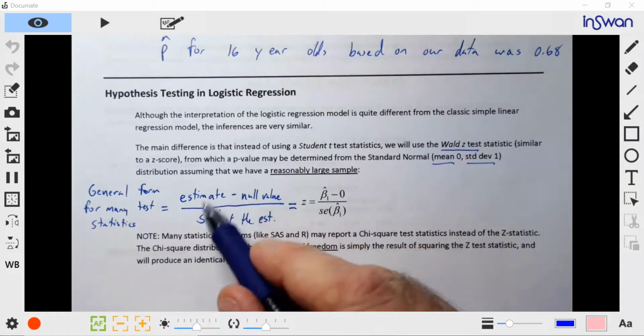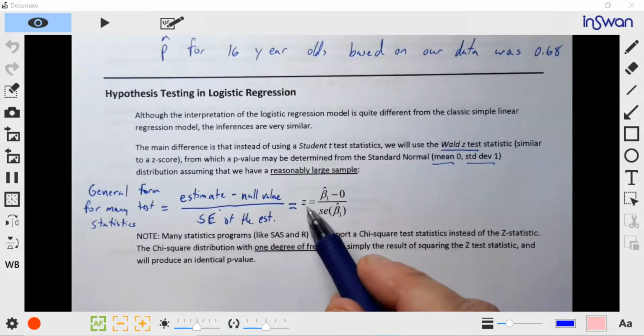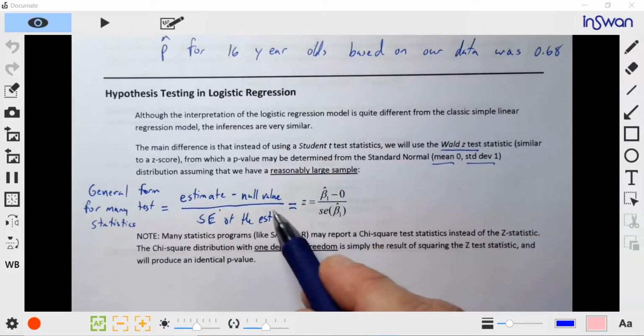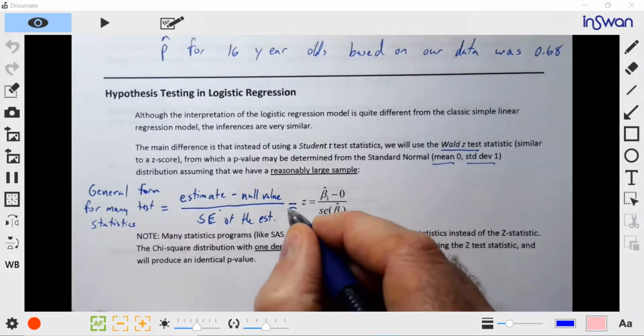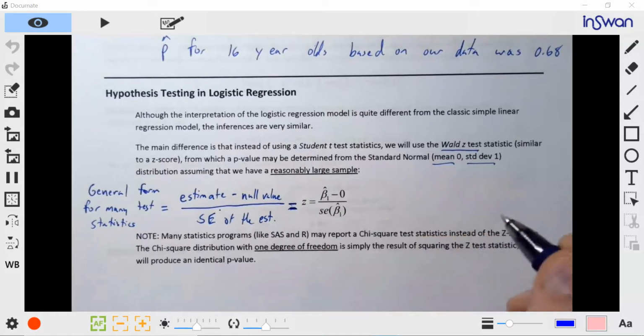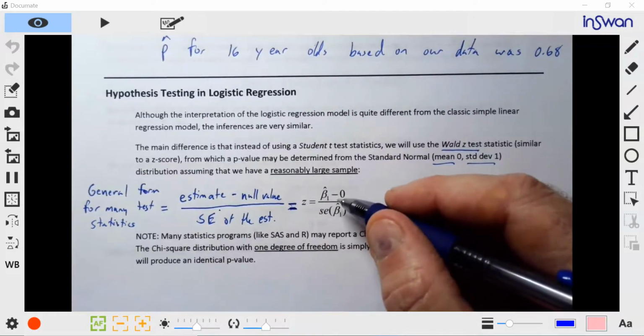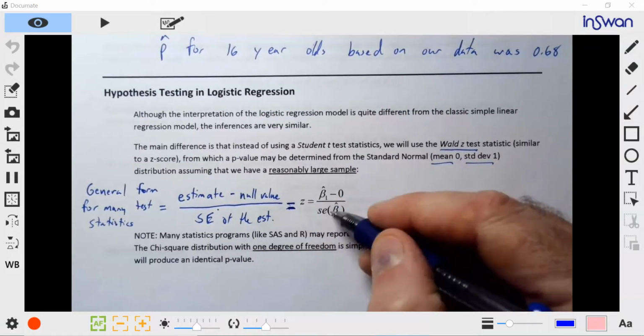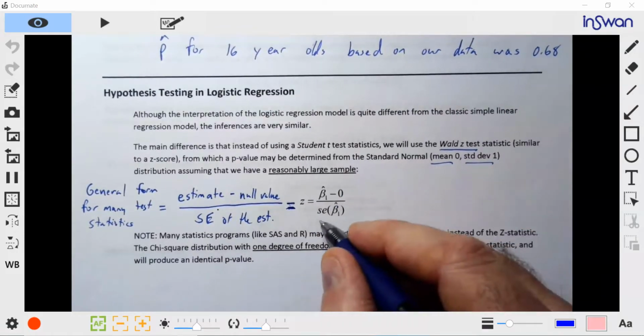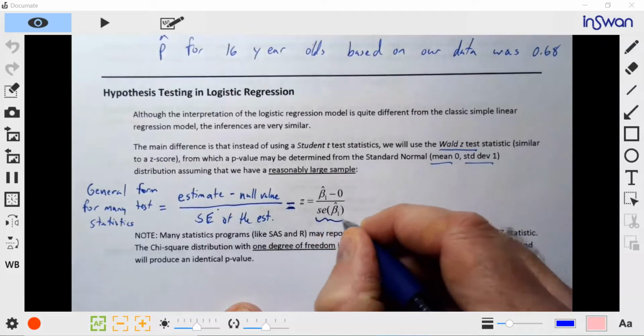But it turns out that for logistic regression, if the sample size is big enough, this calculation will follow a z distribution, a standard normal distribution, rather than a t distribution. But you see it's the same calculation that we saw before. Beta 1 hat minus 0, typically the null value, divided by its standard error. And again, this is a division, not a multiplication, right?